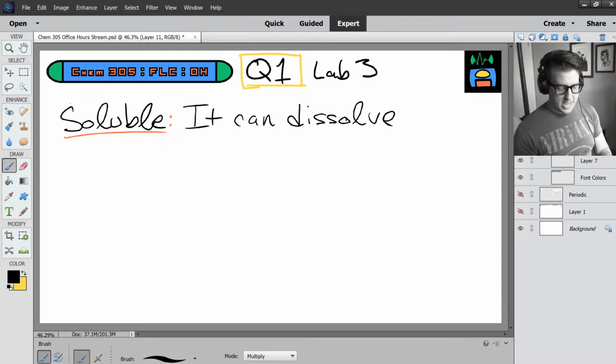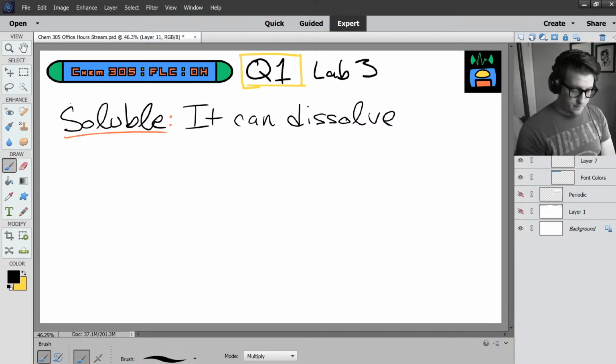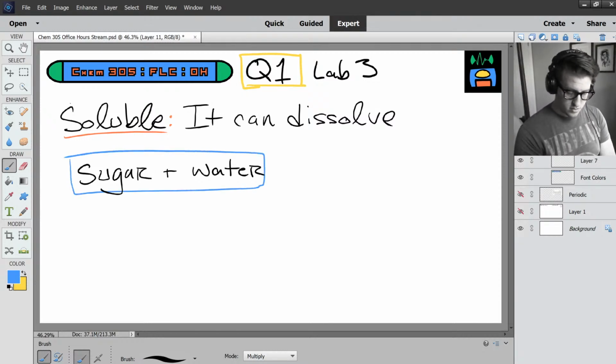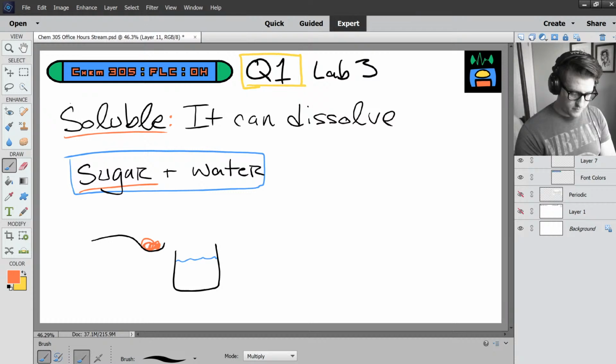So if you add, for example, sugar to water, the water dissolves the sugar. That means you've got a jar of water and you have a spoonful of sugar.